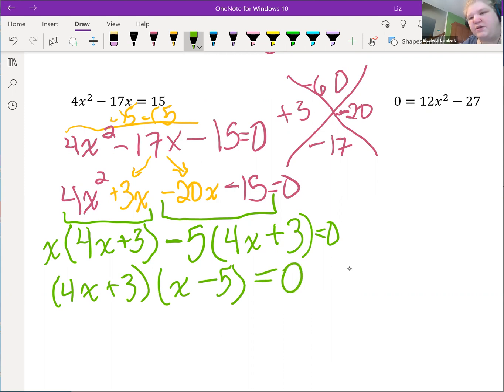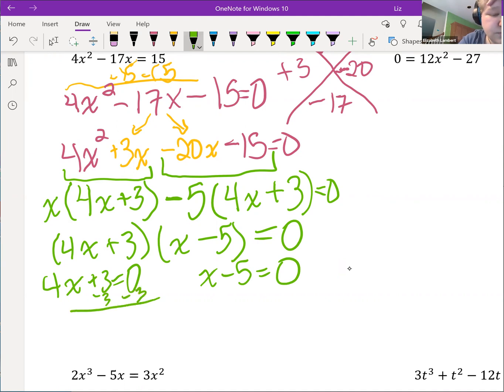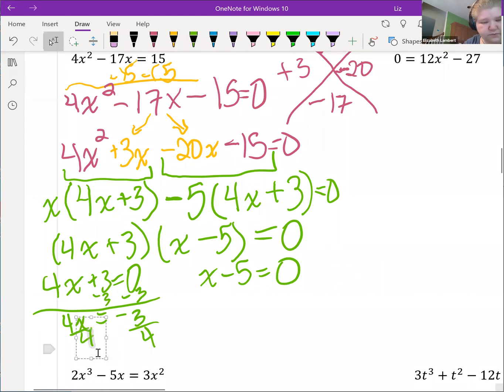And now we set each one of those equal to 0. Let me make a little more room.